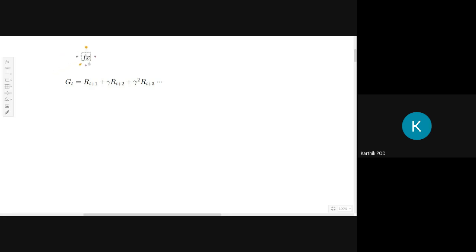So what happens is this is the return when you follow some policy pi. Let's make this explicit. Let's say you start from state S0, and then you behave according to policy pi. Assume that it's a deterministic policy, meaning in each state you can only pick one action.